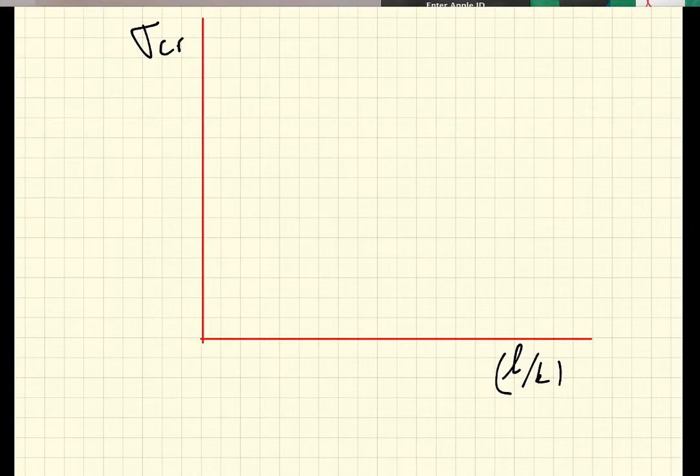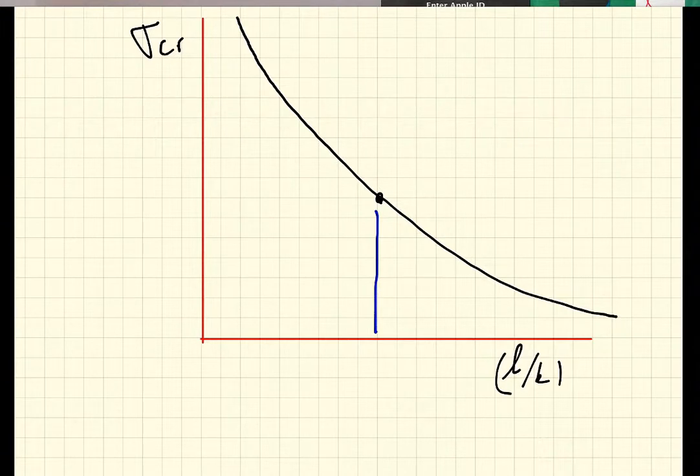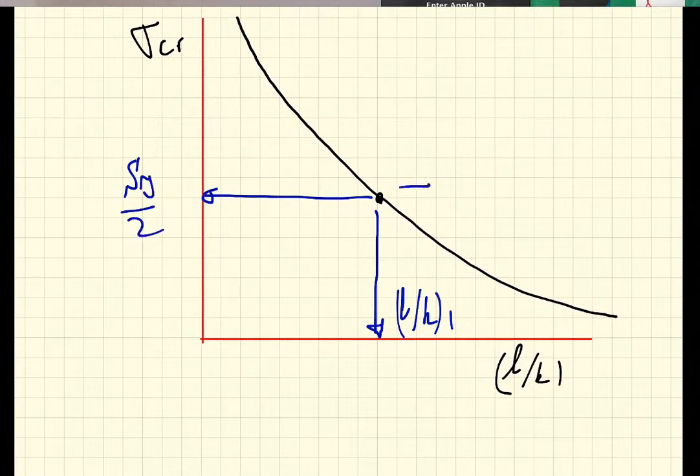On here I have a basic curve that is described as a hyperbola, but we're going to take the point T here, which we defined before, such that I have L over K sub 1 here, and I have half of the yield point, S yield over 2, in here.